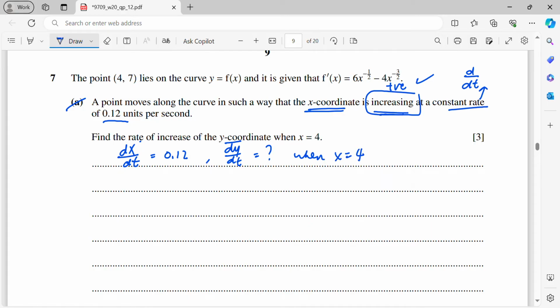Okay, now basically to get this dy/dt, we need to apply the chain rule. I will rewrite it later again. dy/dt equals, since we need the dy on top, I will just write dy first, then times the dt at the bottom.